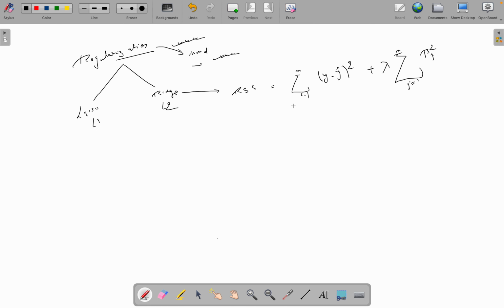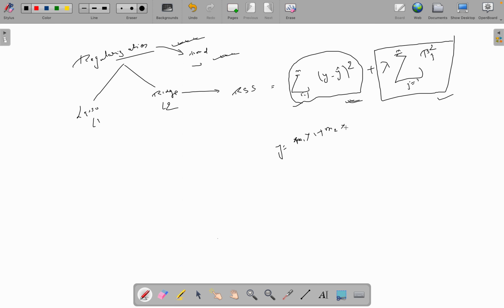You can see here this is the normal term which we use for getting the errors, and this term we are adding to penalize whenever there are coefficients dominating the model. That means if I have y equals m1 x1 plus m2 x2 plus and so on, plus this lambda sum of beta j squared.